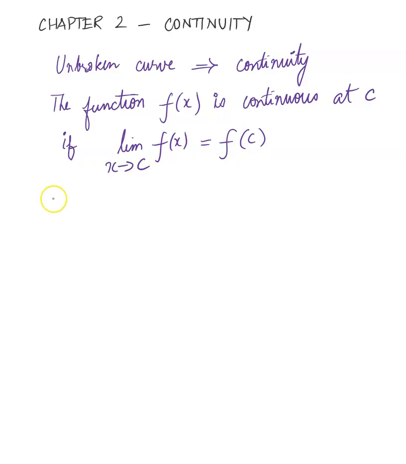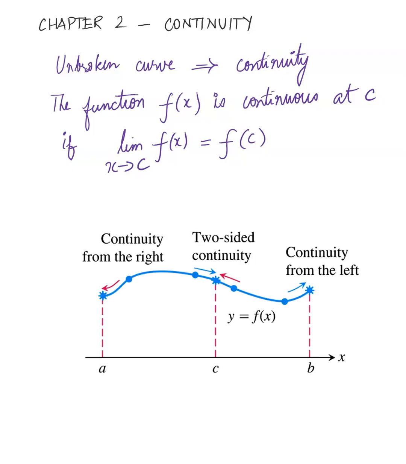So let me give you a graph to help us understand this better. In this graph, you can see that we have the graph running from A to B, and we are intentionally keeping it limited so it's not going indefinitely on both ends.